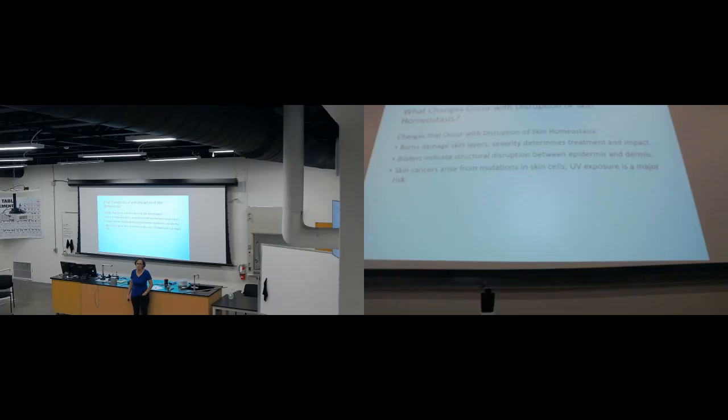Third degree is much more severe than first degree. First degree is only in the superficial layer, in the epidermis. Second degree goes into the dermis. Third degree can go beyond the dermis.